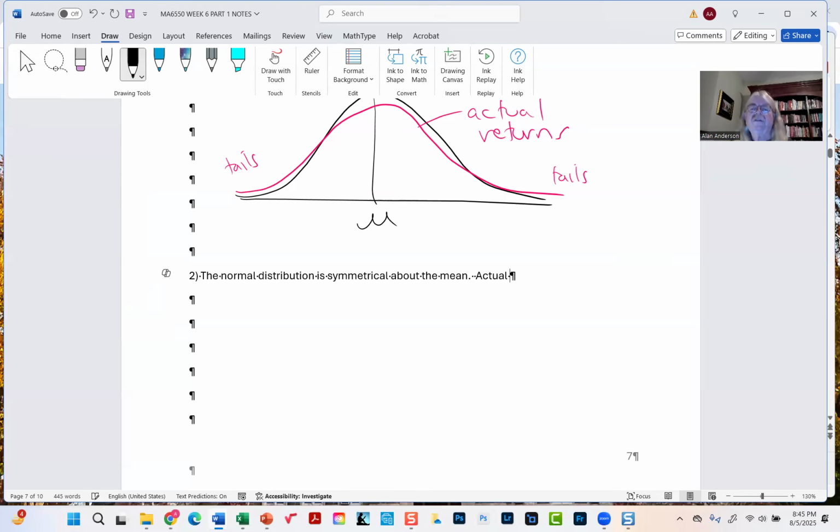Actual returns tend to be skewed negatively. All right, so let me show you that. It just basically means there's an imbalance in favor of negative returns versus positive returns.